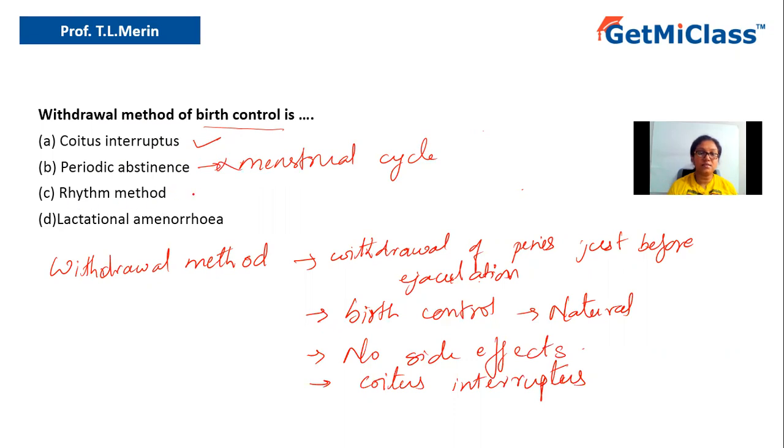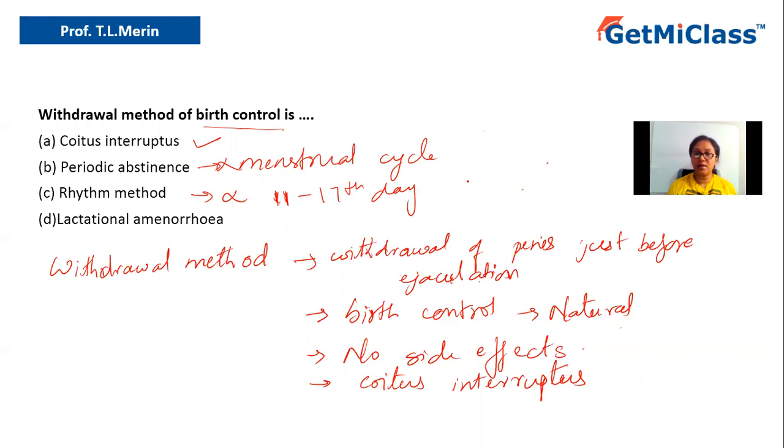Option C says rhythm method. So what do you mean by rhythm method? It is also a type of periodic abstinence, and again related to the menstrual cycle. Usually between the 11th to 17th days you are not supposed to have any coitus, because that is the phase which can be expected for ovulation.